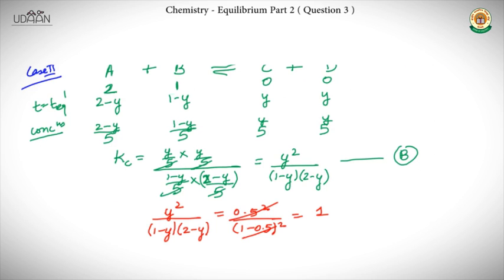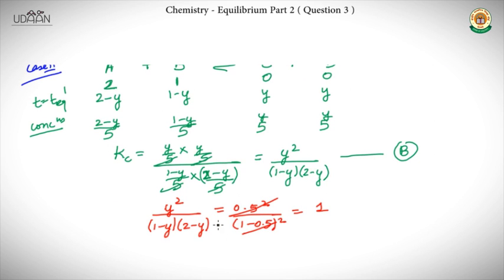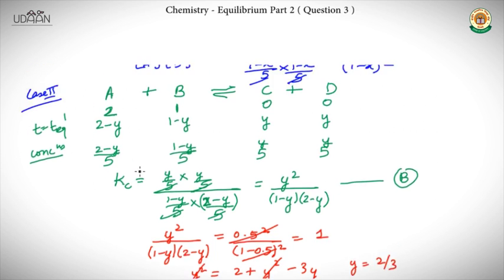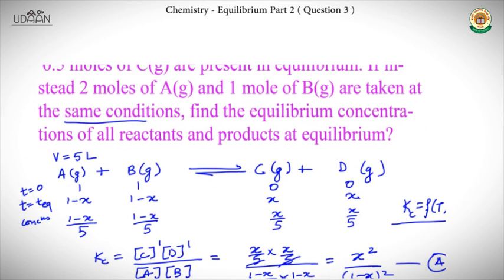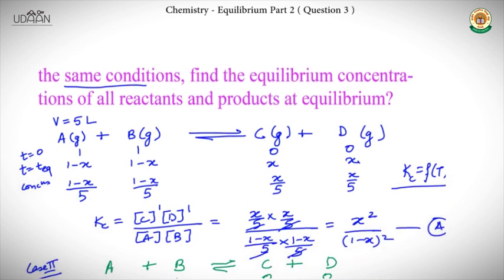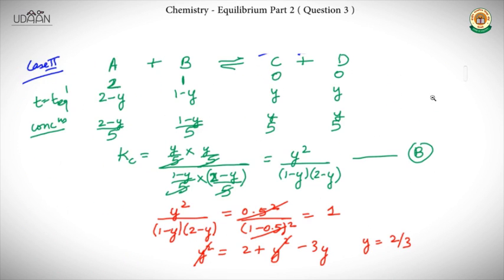If I solve this, I will obtain this equation. Y square cancels out, so I get Y is equal to 2 by 3. The question demands us to find the concentrations of all the reactants and products. It's fairly simple now, because I know the value of Y, which is the number of moles.